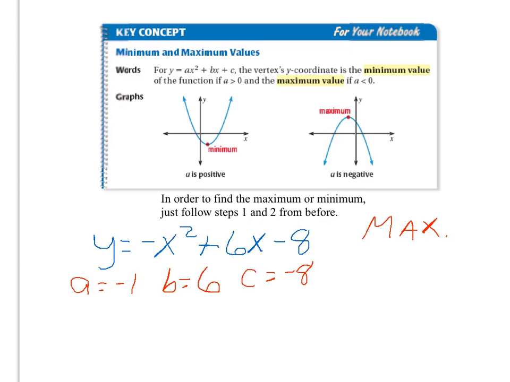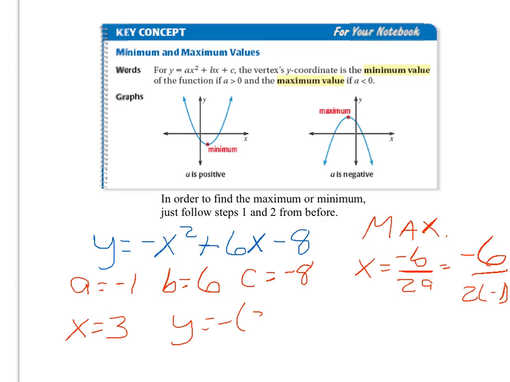And now we can just go ahead, find the x-coordinate, which is negative b over 2a. So in this case, negative 6 over 2 times negative 1. So our x-coordinate will be 3. Now we just plug that in to find our y-coordinate like we did before. So y equals the negative of 3 squared plus 6 times 3 minus 8. So when we do the math on that once again, we come out with y equaling 1. So there is our maximum value. The max is 1.